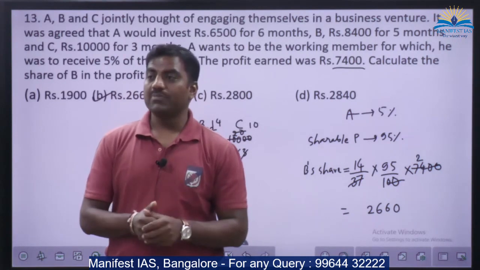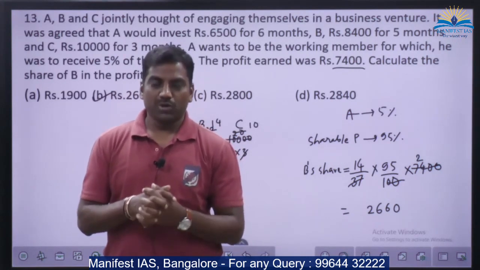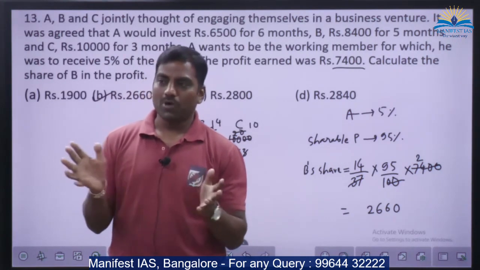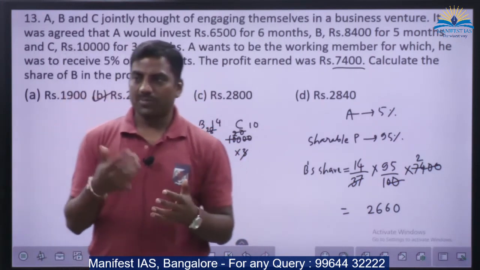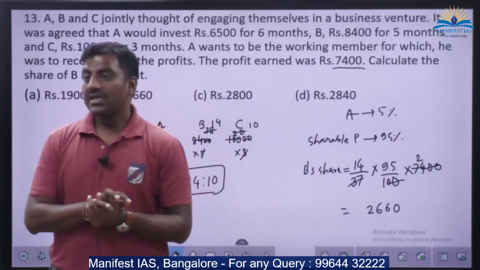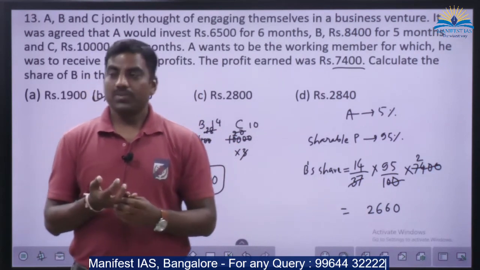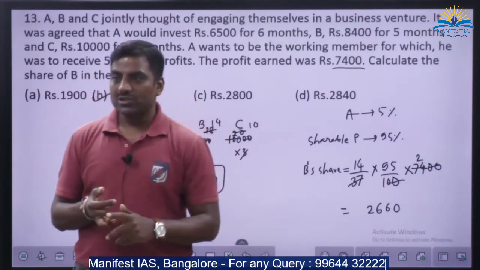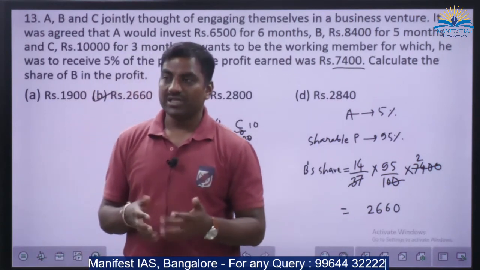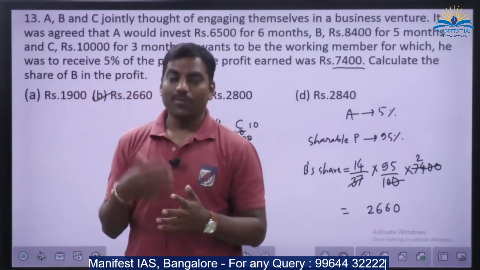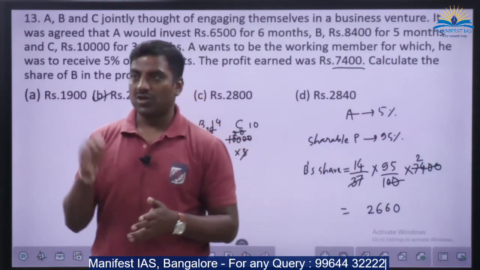And also, we get many varieties of problem into profit and loss. One is normal problem. Cost price, selling price is given. Then find out the profit percentage, loss percentage. Second type is about, they don't give selling price and cost price. They will simply give you the number of items which have been purchased and which have been sold. Upon that, we have to calculate profit percentage or loss percentage.